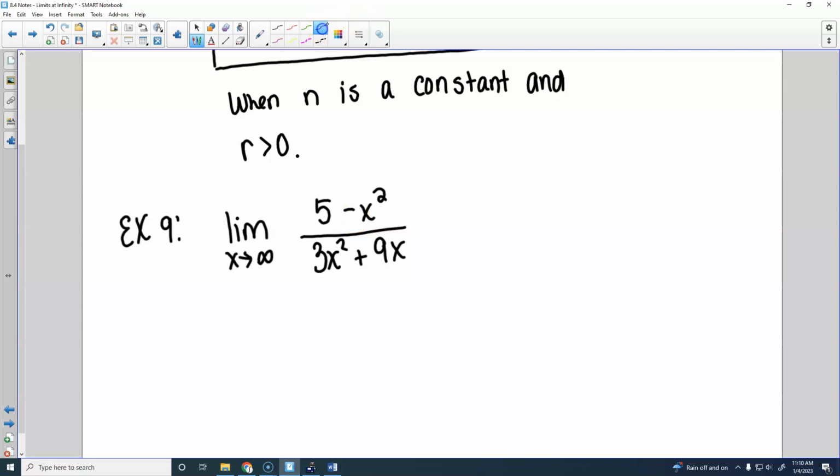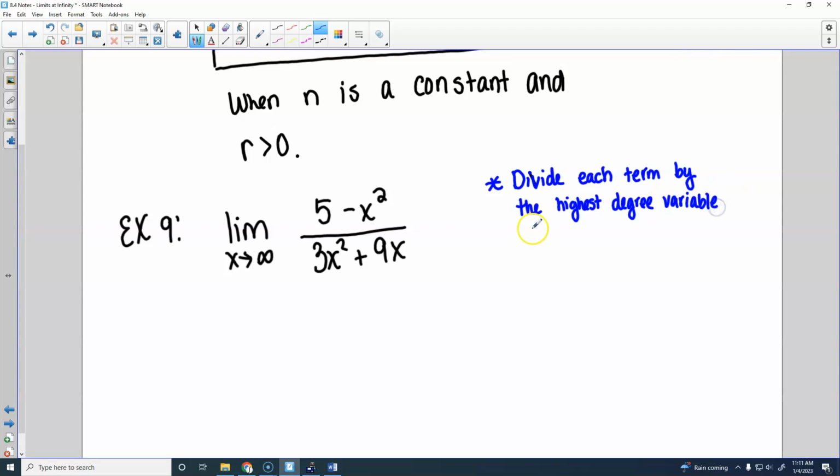So what we're going to do for this is divide each term by the highest degree variable from the denominator.